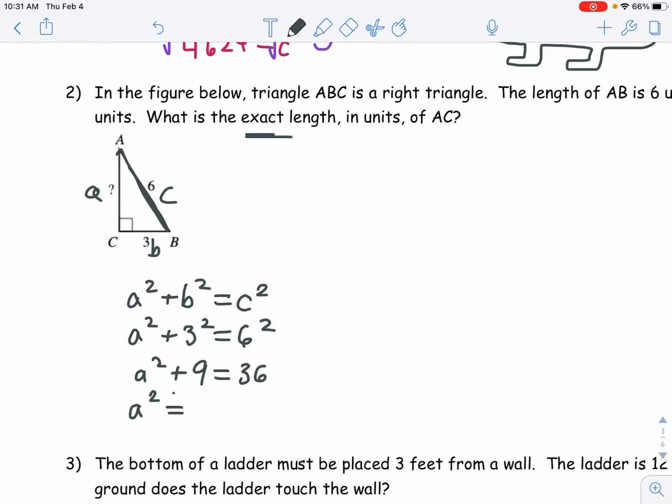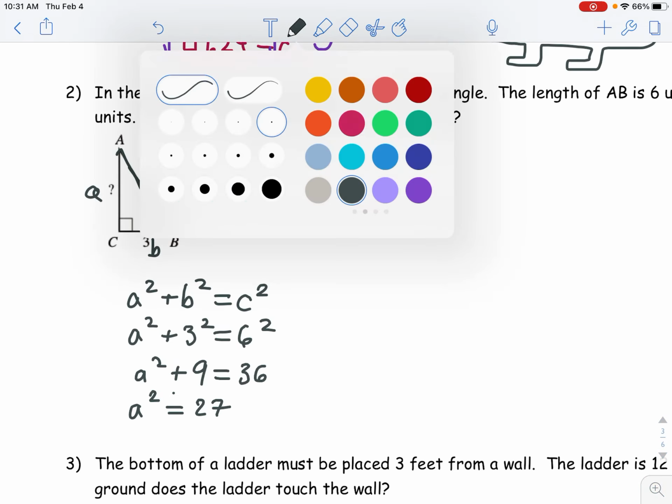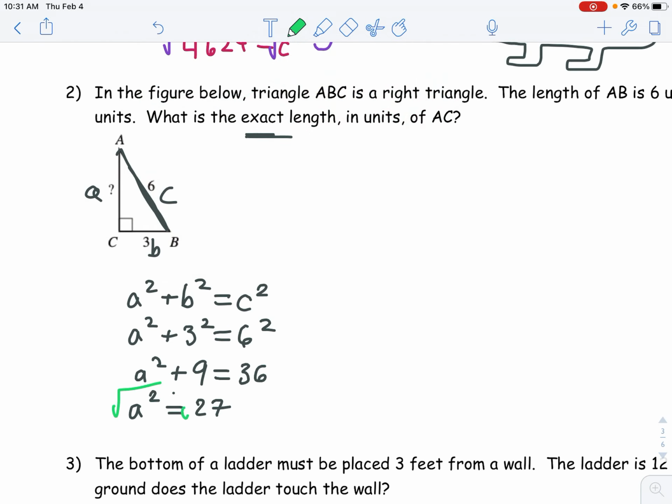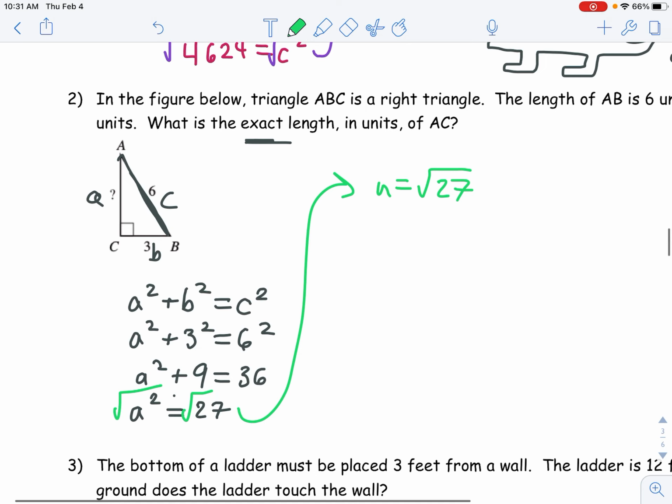After I subtract 9 from both sides, I'm going to get a squared equals 27. Now it said find the exact length. So if I do this, I get A equals the square root of 27. Now square factors.